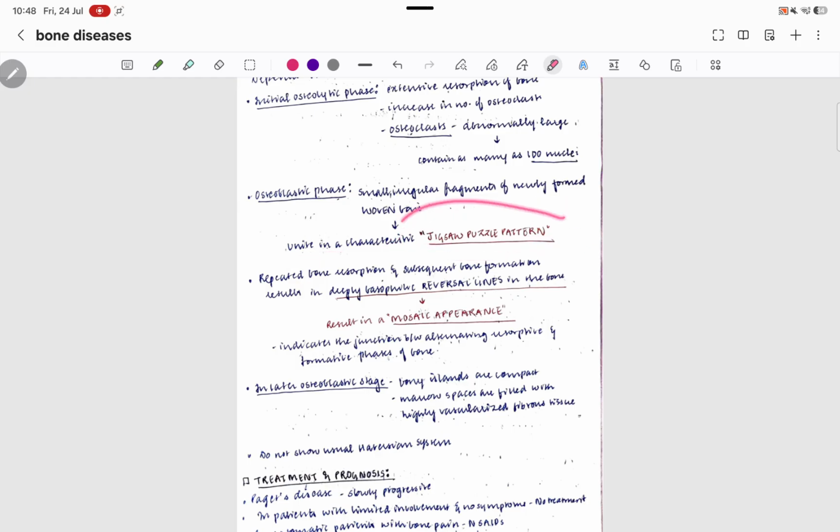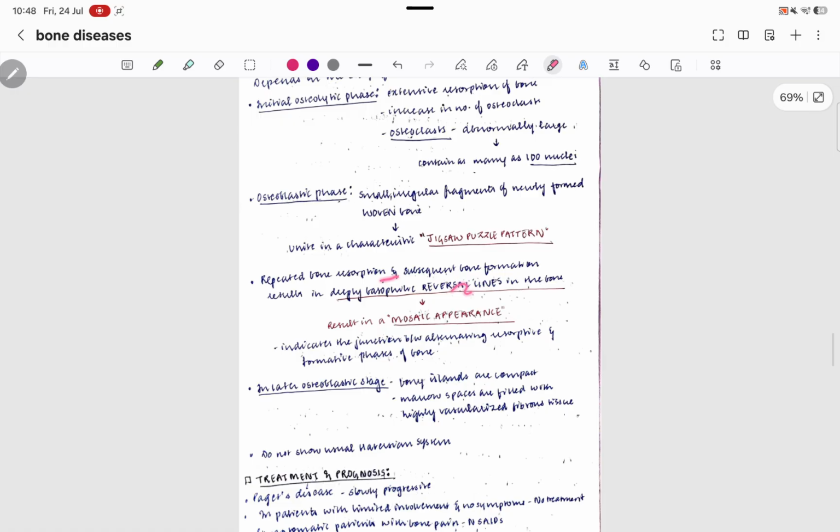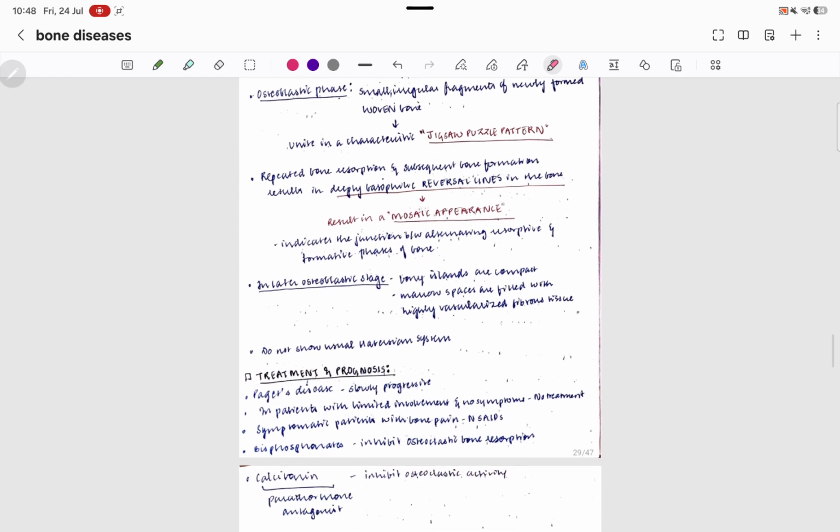So here something important: the jigsaw puzzle pattern is seen. Here a mosaic pattern is seen. These are your two markers, the mosaic pattern and the jigsaw puzzle pattern. Repeated bone resorption and subsequent bone formation result in basophilic reversal lines, known as the mosaic pattern. They indicate the junction between resorption and formation.